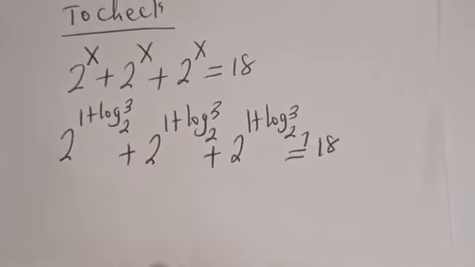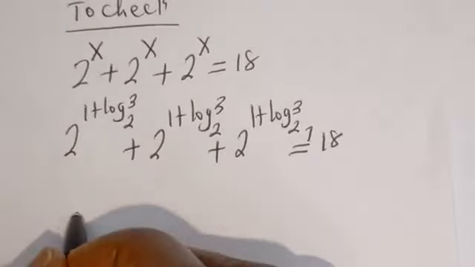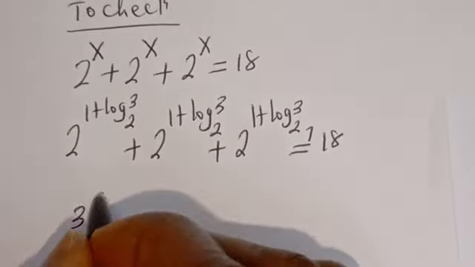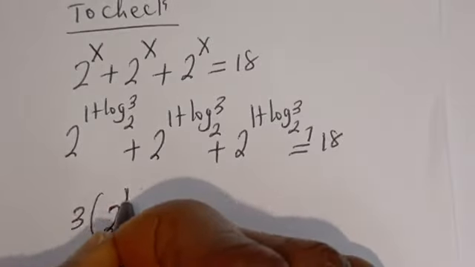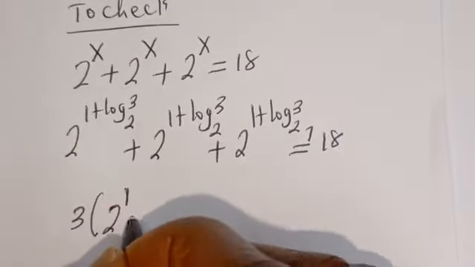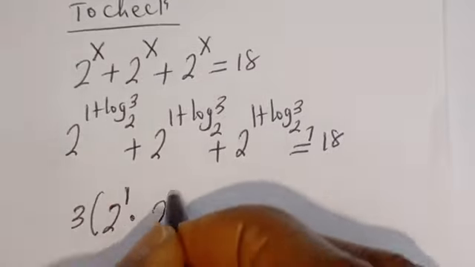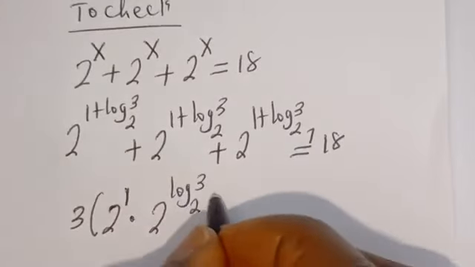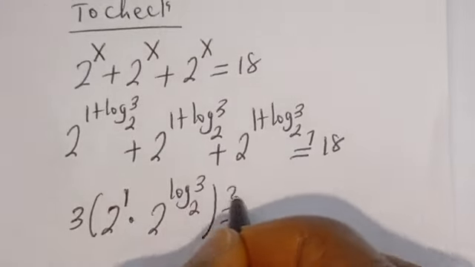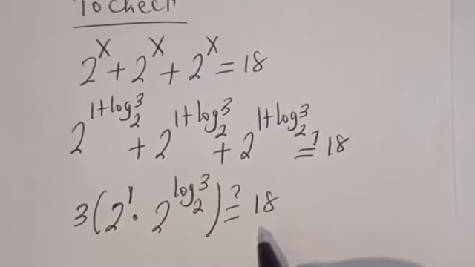Now here we have 3 bracket 2 to the power of 1 multiplied by 2 to the power of log 3 base 2 must be equal to 18.